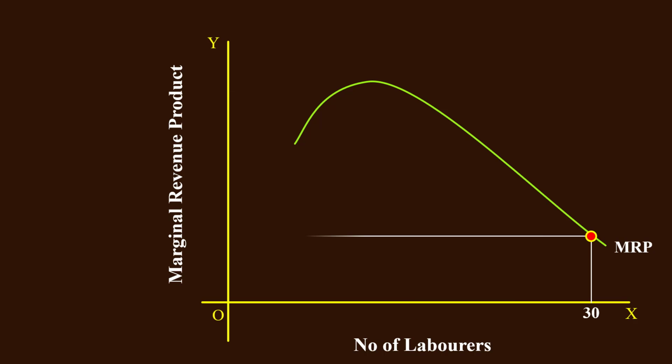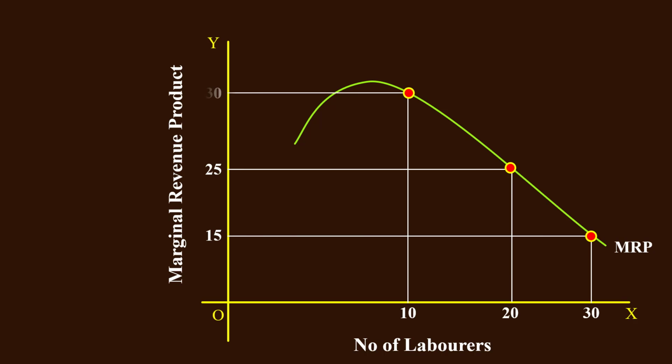The reverse is also equally true. If the producer reduces the number of laborers, marginal revenue product rises. Thus, the marginal revenue product curve clearly tells us how marginal revenue product varies with the number of laborers.